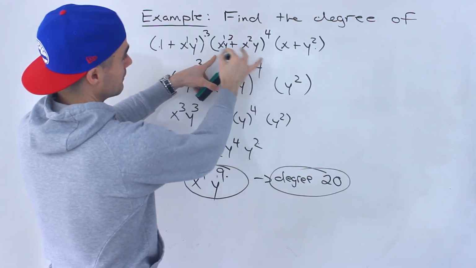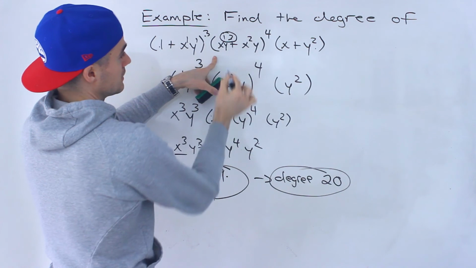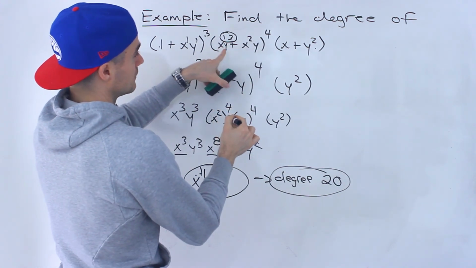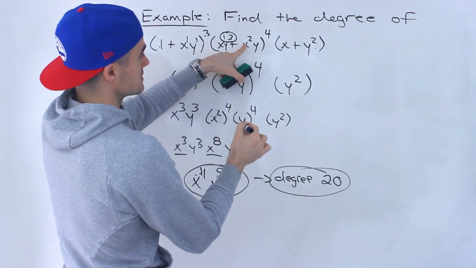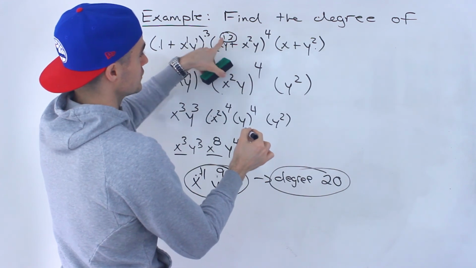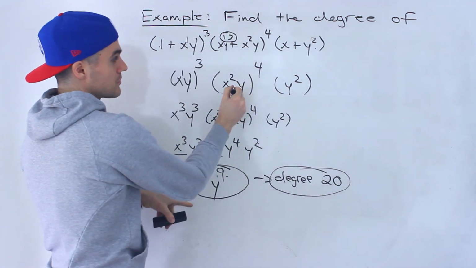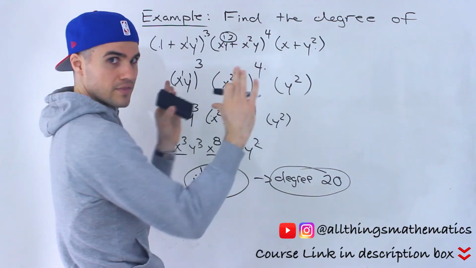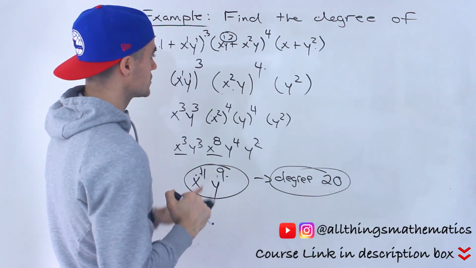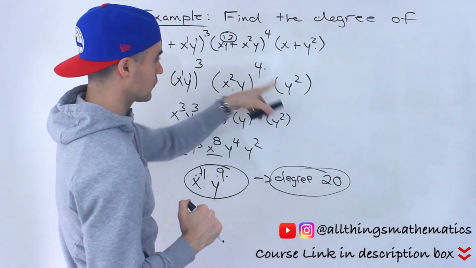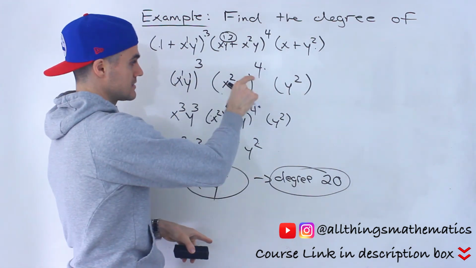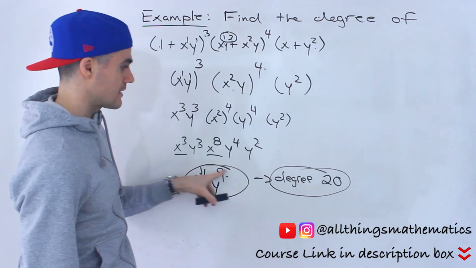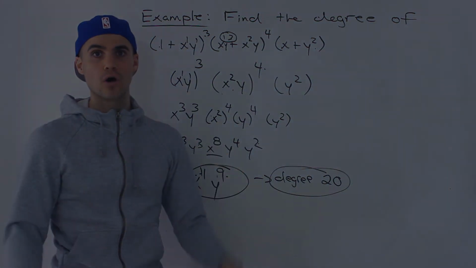So if we had something like this, the higher degree would be xy^3, because this would have a degree of 3 and this would have a degree of 4, so we would take this term and put it here and take it to the power of 4, right? So just be careful within the factors that you're getting that highest degree term, and then you just have to work with that single term inside the brackets, simplify it, and then you get the degree of the overall expression.